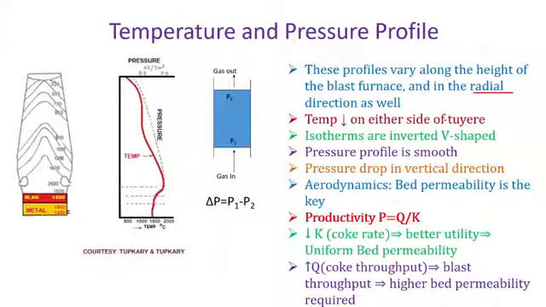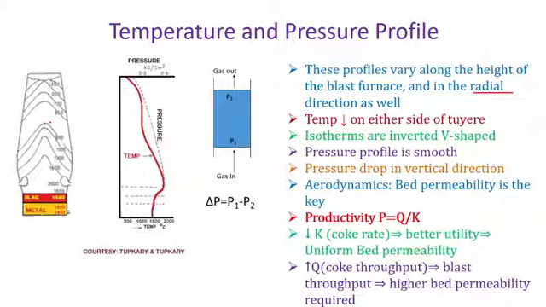So the temperature isotherms are not horizontal. The temperature rises from the periphery and reaches a maximum at the center, for a given horizontal plane.